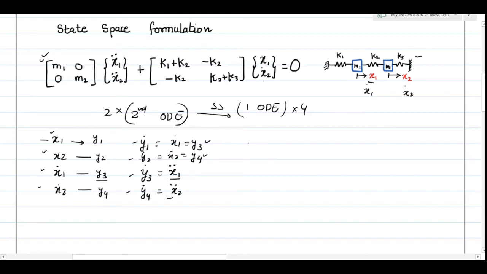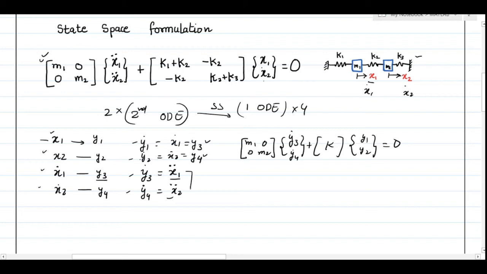If I write my governing equation considering the state variables, my equation will become m1 0 0 m2, then y3 dot and y4 dot, plus the K matrix. I am simply writing it as a K matrix, and I will have x1 and x2 that can be written as y1 and y2, is equal to 0. So these two equations can be written using this equation.